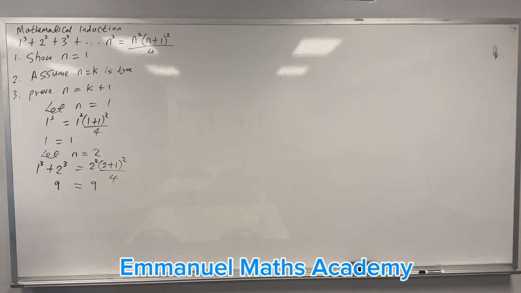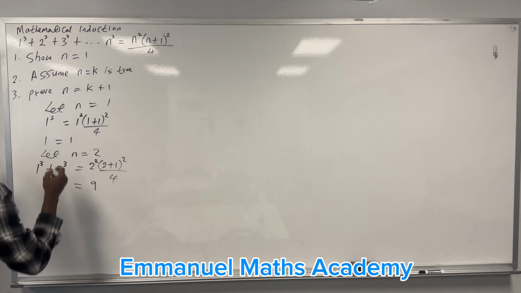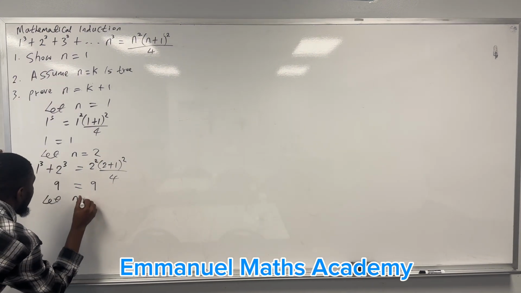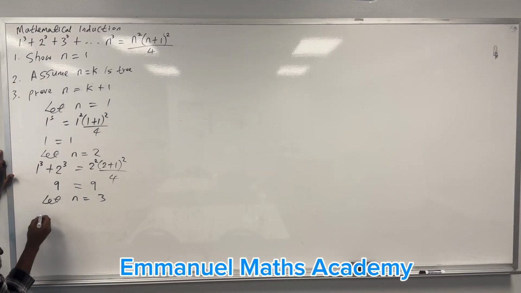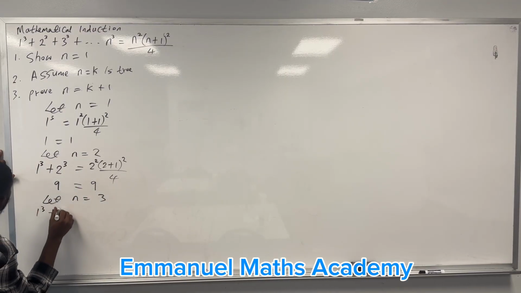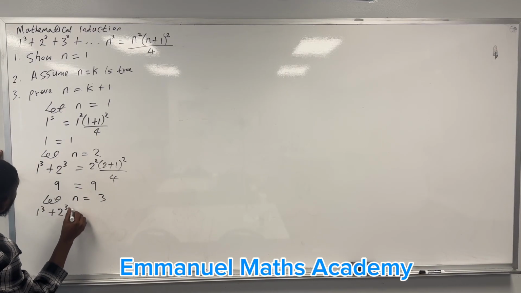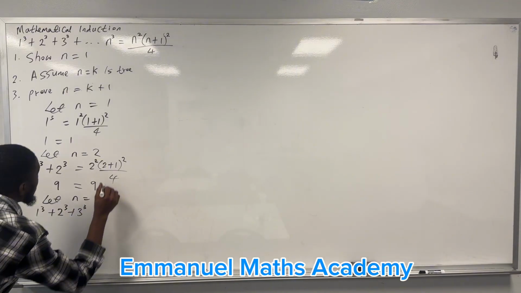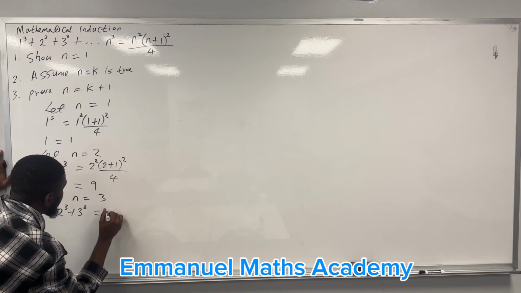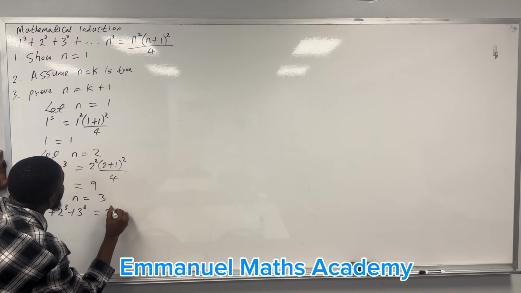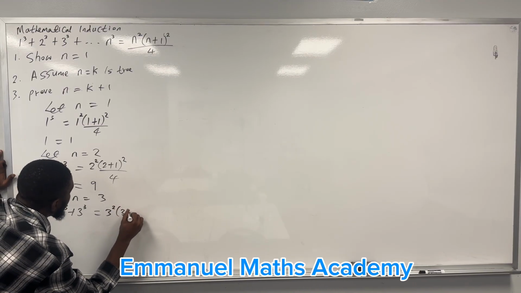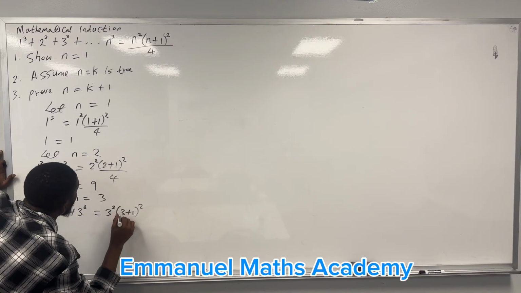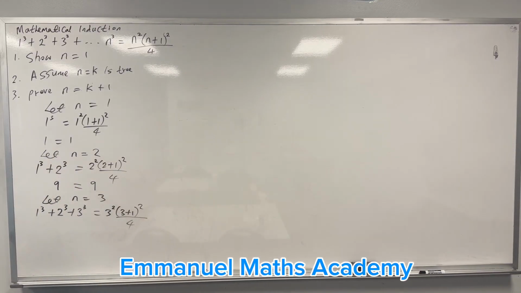Right? Good. So what about the next term? If you check for the next term, which is let n equal to 3, the first 3 terms again, 1 plus 2, 3 plus 3 raised to power 3 is equal to whatever we have here. 3, 2, 3 plus 1, 2 over 4.